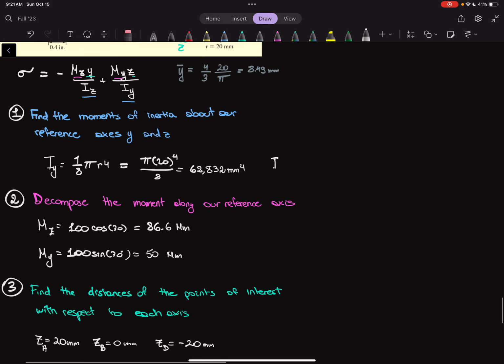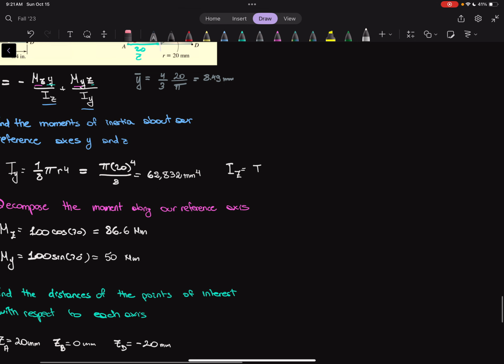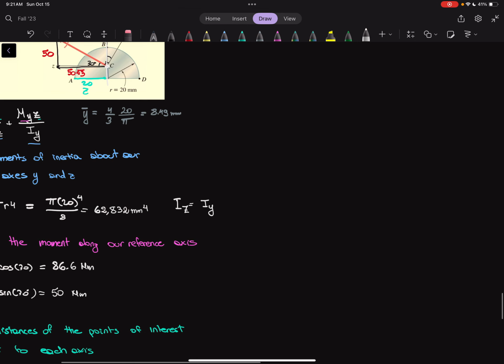So IZ is going to be IY, but then we're going to have to subtract with the parallel axis theorem that distance from C to AD, which we said is 8.49 millimeters squared times the total area, which is going to be pi times 20 squared over 2.